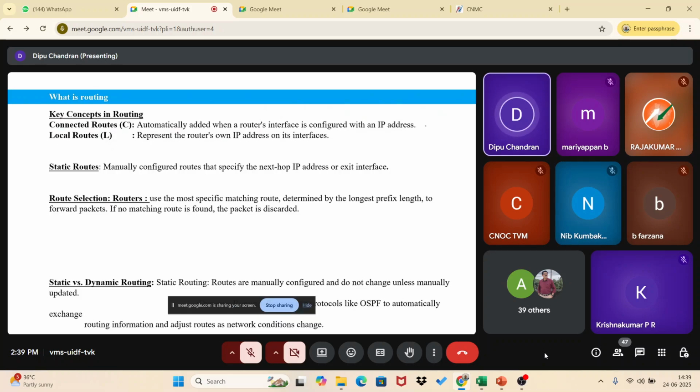That is a static route. We may repeatedly use these terms in the further series of talks, so don't take it as very technical; the word itself tells you what it means.